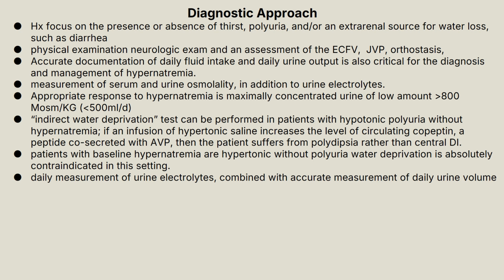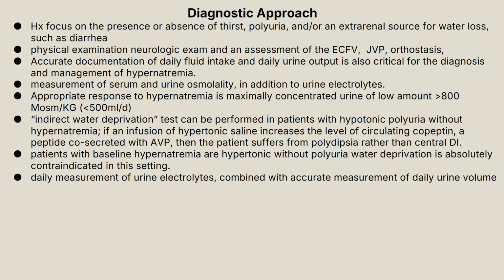But patients with baseline hypernatremia are hypertonic without polyuria, and so water deprivation is absolutely contraindicated in this setting. Simply put, if the patient at baseline is hypertonic and hypernatremic, then you absolutely cannot give hypertonic saline to do the indirect water deprivation test.